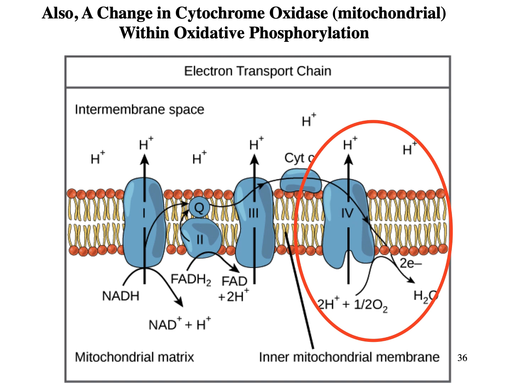Another molecule that was examined in bar-headed geese is cytochrome oxidase, which is one of the enzymes within the oxidative phosphorylation chain within the mitochondria.